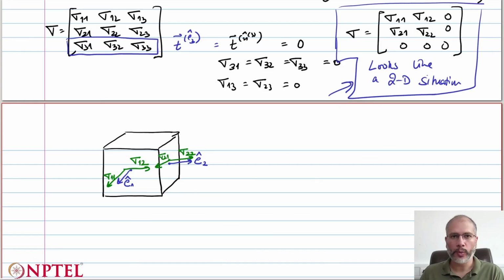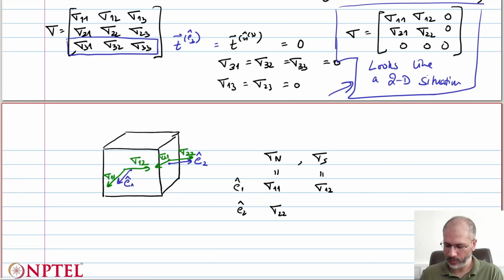And these are the only stresses acting, because on the third, E3 hat plane, there is no loading, hence there is no sigma component. So we can see that on any plane, we have a sigma n and a sigma s, where sigma n is, let's say, sigma 11, and sigma s is sigma 12 on the E1 hat plane. On the E2 hat plane, we have a sigma n equal to sigma 22, and a sigma s, which is sigma 21, which is the same as sigma 12.